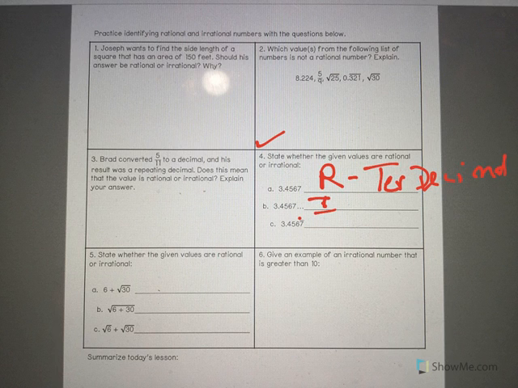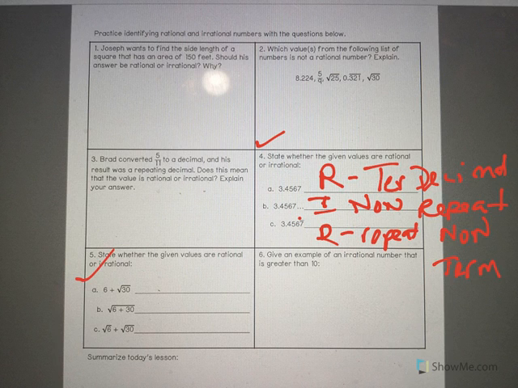It doesn't repeat and it doesn't end. So non-repeating, non-terminating. And then the last one, 3.567 with a line over it. What is that? Rational, because it's repeating. Get the hang of it? Not bad.